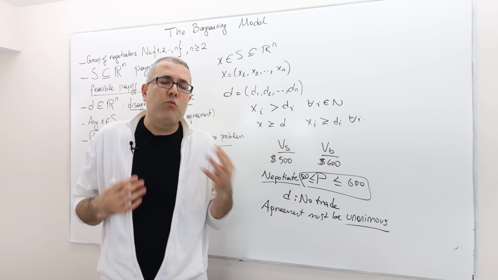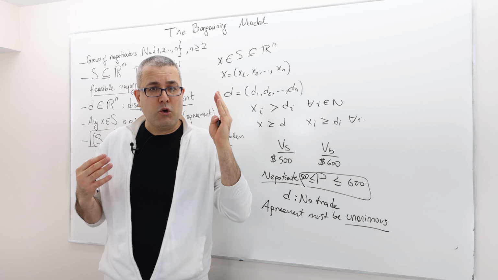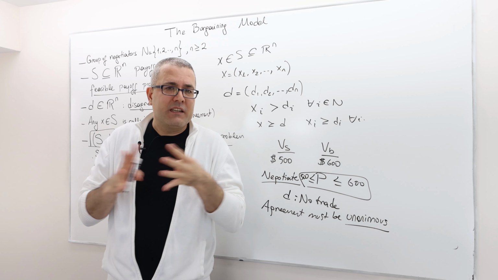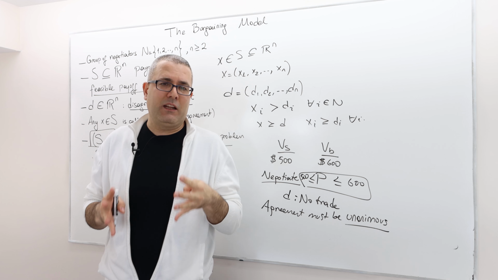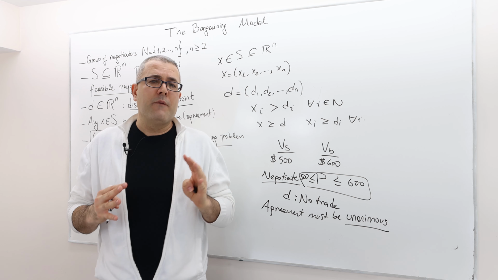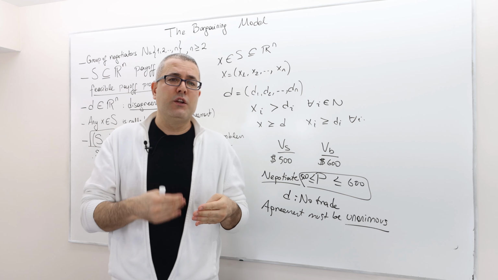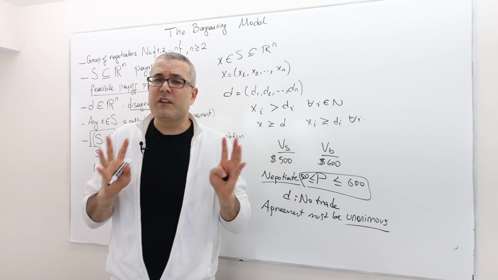Well, if one of the parties says, no, I don't accept that price, then there's not going to be a trade at that price. No third party can enforce any price on the buyer and the seller. So that's very important.